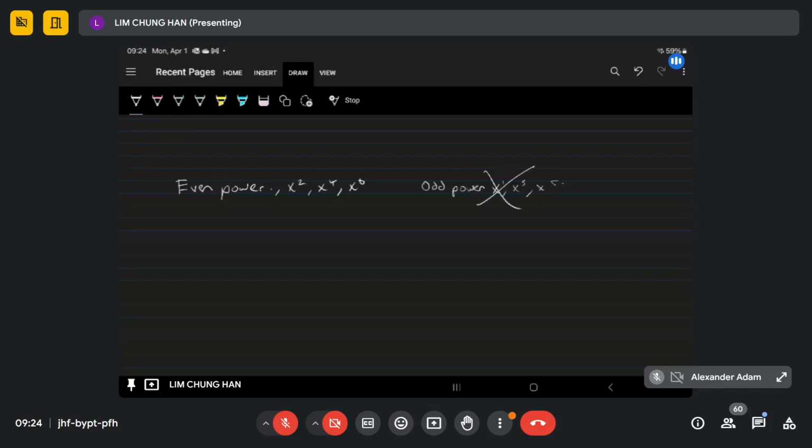Now, have you noticed something? When y is equal to x squared, what is the shape again? U, right? Now this U is mirrored left and right. If you look at your y-axis, whatever you have on the left side of the y-axis is mirrored on the right side of the y-axis, correct?